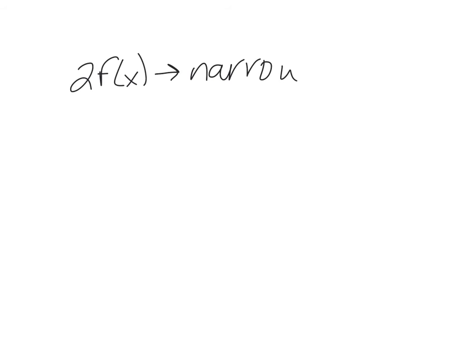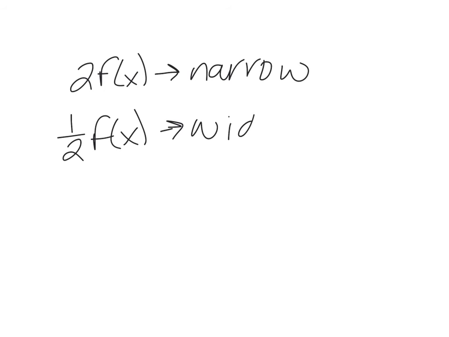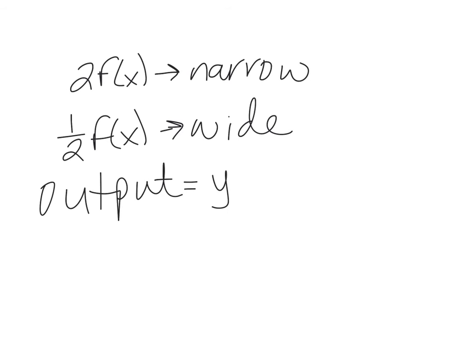So maybe I can talk about this. This made it narrow, and this made it wider. We are talking about the output, which is the y, which is the vertical axis.